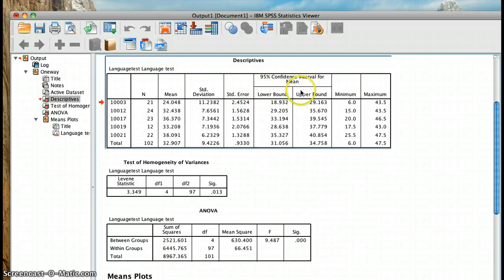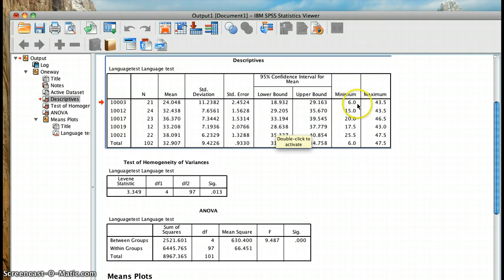Then if you look at the 95% confidence interval, we see that the lower bound is the mean minus 1.96 times the standard error, which is around 19, yeah? And then the upper bound is 24 plus 1.96 times the standard error, which is around 29. So we know with 95% confidence that the true mean is somewhere between 19 and 29.